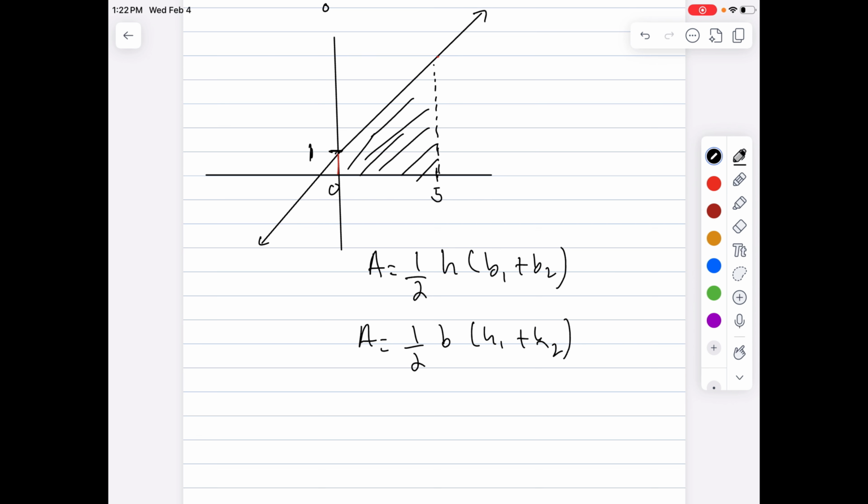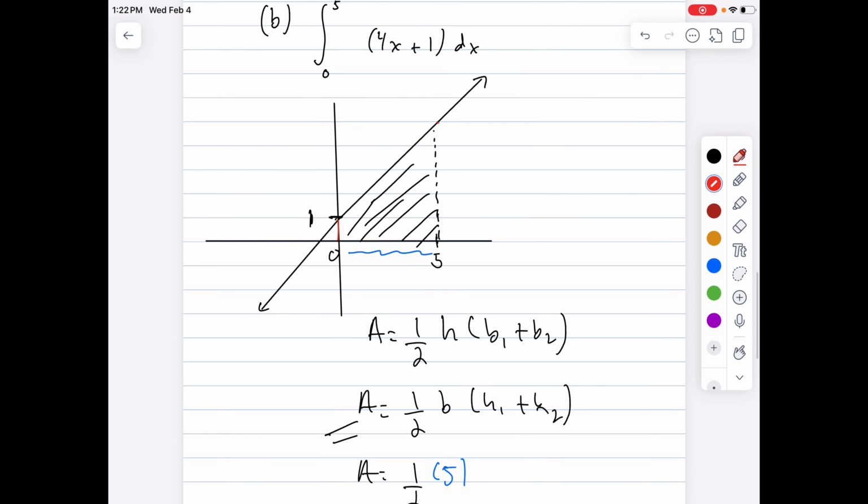In this case, I'm going to use this one because it seems like you have two heights here and then you have one base. So the base is 5 units long. So 1/2 times 5. And then for my heights, you get your heights when you plug 5 into your function and then 0 into your function.